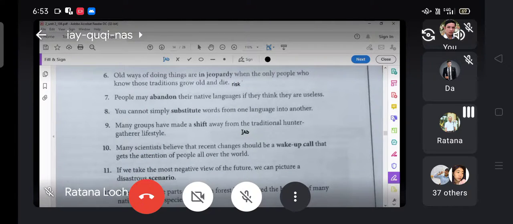Okay, number 7. You cannot simply substitute words from one language to another.